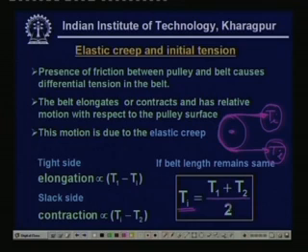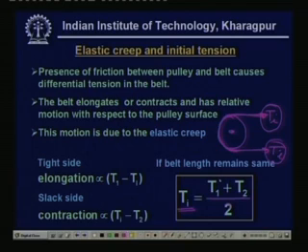Now, the interesting fact is this: suppose you go on imposing more and more initial tension onto the belt system. What will happen? T 1 will go on increasing and at the same time T 2 will go on decreasing. At one point T 2 can come out to be equal to 0, and that is one condition where you will have the maximum amount of power transmission.